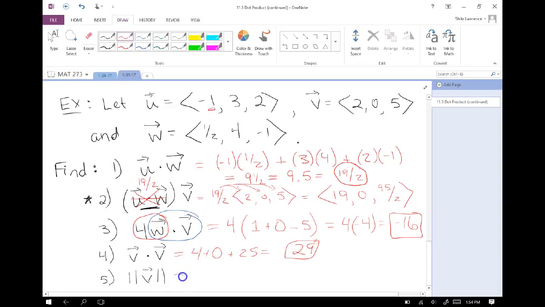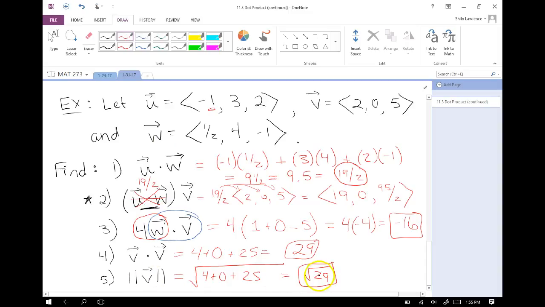But if we were asked to do the magnitude of V, what would be different about our answer between number 4 and number 5? Number 5 is going to have a square root around it, right? The magnitude formula says do the square root of each of those things squared. So that's why we said V dot V gives you magnitude squared.